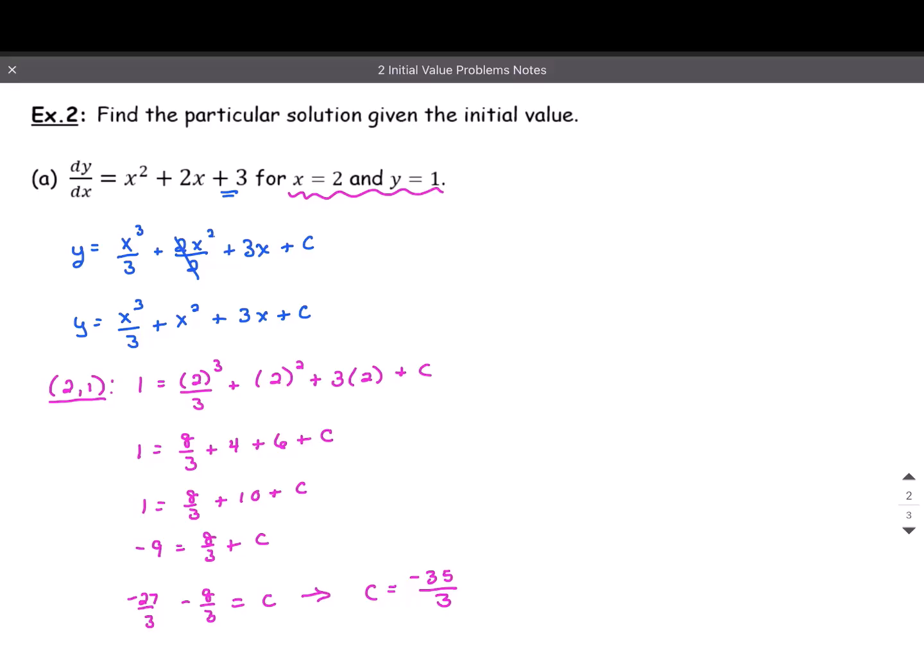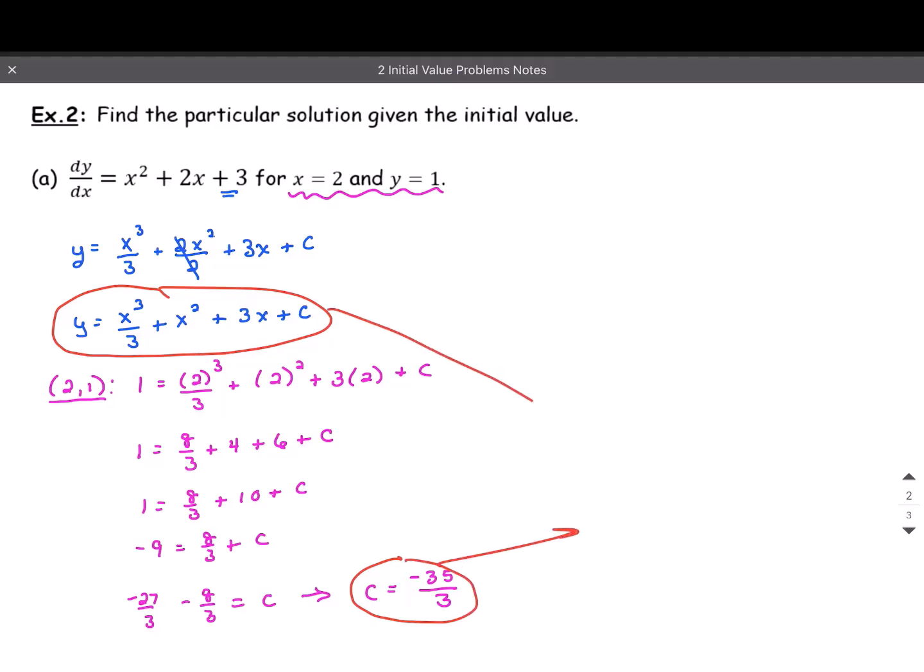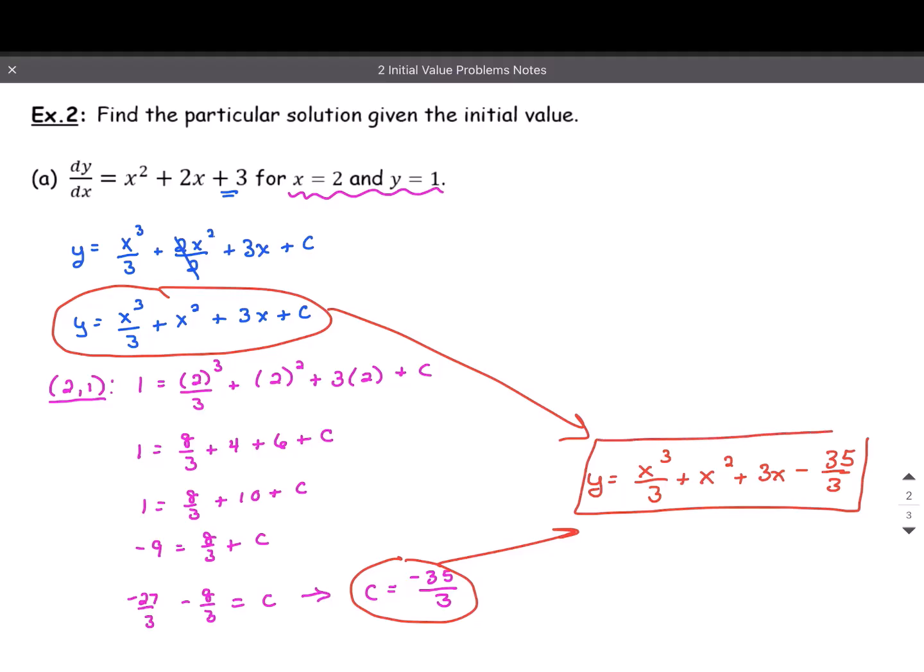We need to take this general solution with this c value, put them together, and we have y equals x to the third over 3 plus x squared plus 3x minus 35 thirds. This is our particular solution.